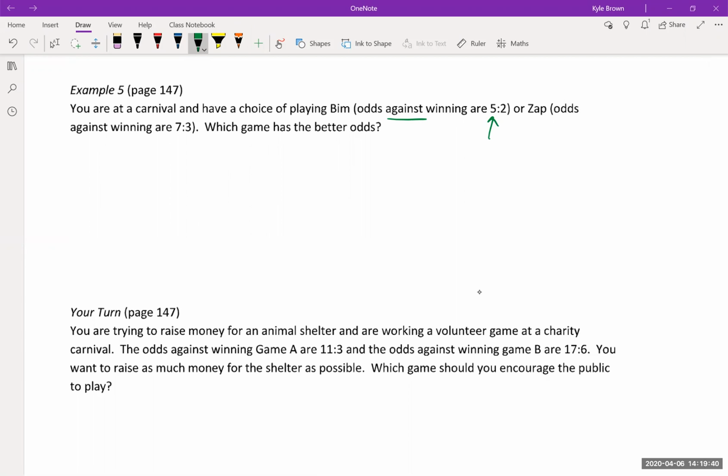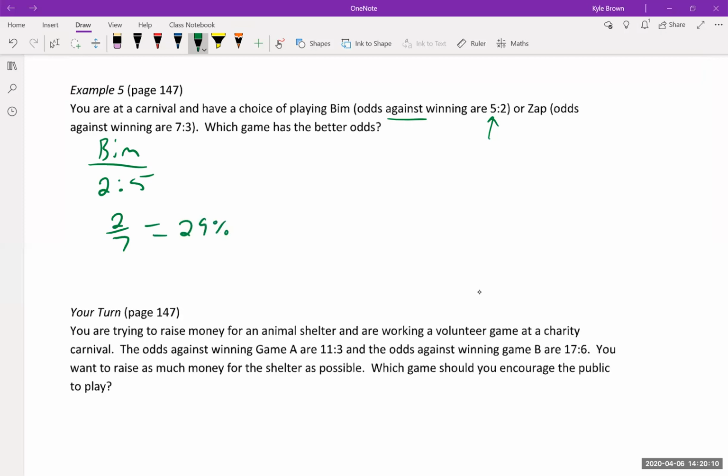So let's rearrange that for a second and say, okay, my odds for BIM of winning will be 2 to 5. If I'm figuring out my probability, it's going to be a lot better if we change it to probability so we can actually put a number to it to figure out which one is better. So 2 to 5 would be the same thing as 2 over 7 probability, which is 29%.